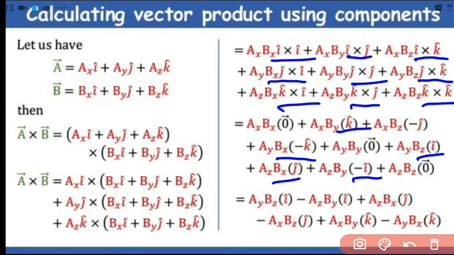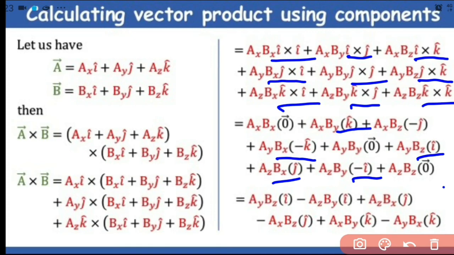Then combining the terms containing i, j and k, we have ay bz i minus az by i plus az bx j minus ax bz j plus ax by k minus ay bx k.